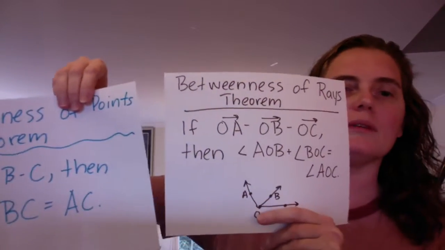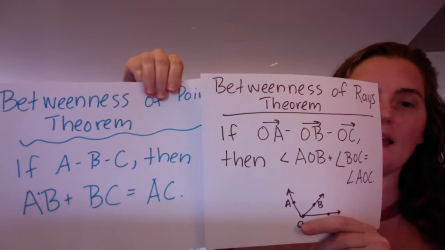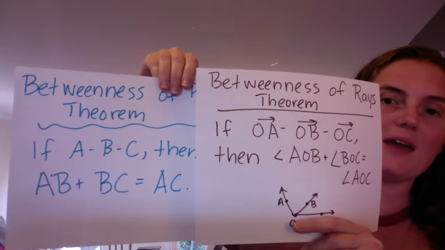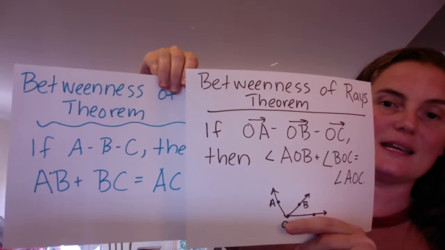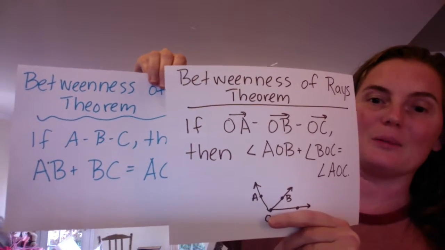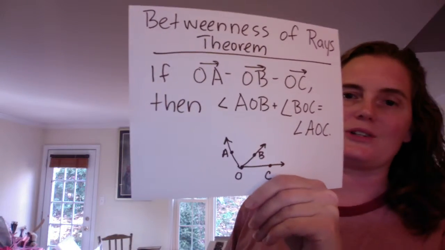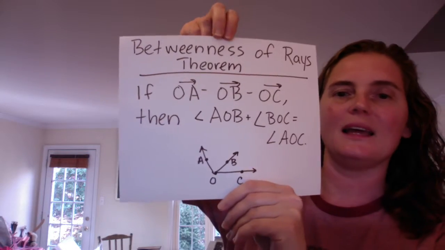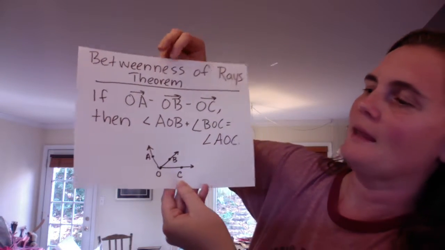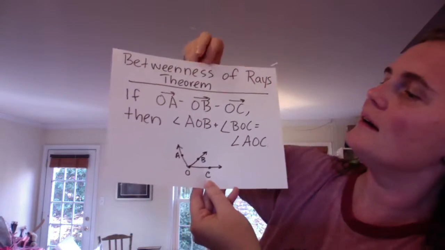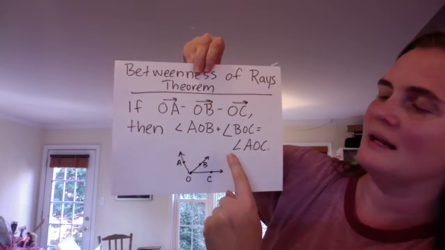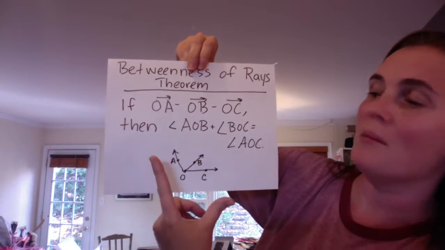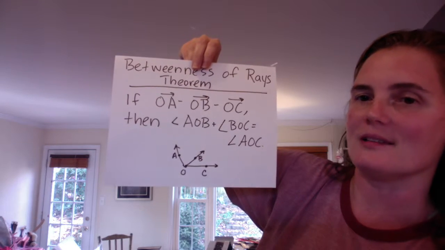If you've got the ray OA, the ray OB, then the ray OC, then their angle measures, and I drew a little picture so you can visualize it, angle AOB plus BOC, if you combine those, you get the whole angle altogether. So once again, exactly like the stuff we did back in chapter 2.